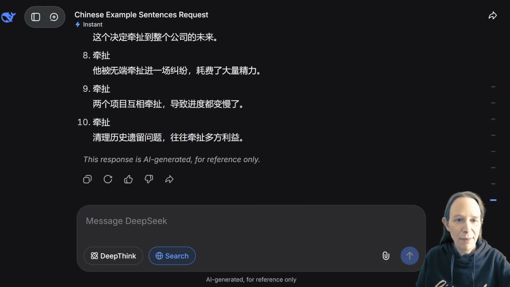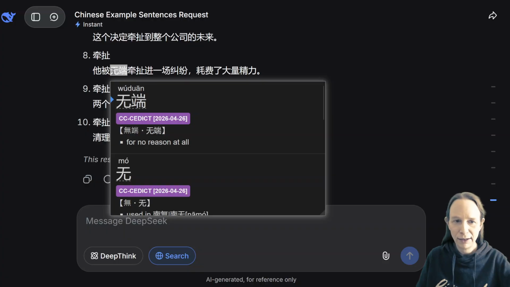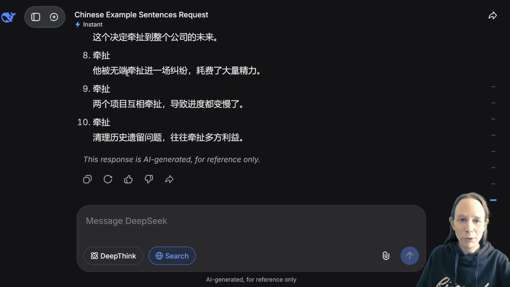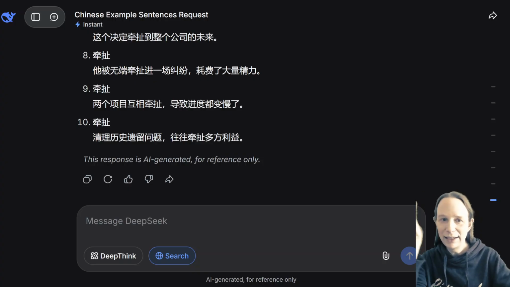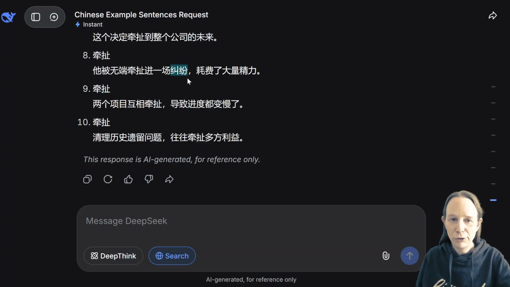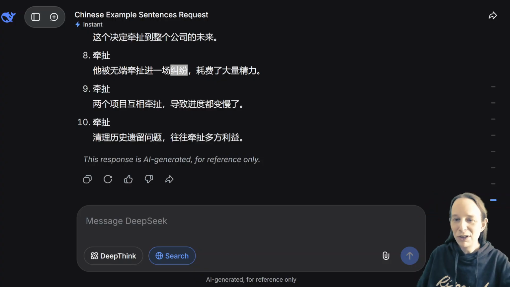Okay. 他被无端, I don't know what 无端 is. Oh, no reason. 他被无端牵扯进一场纠纷，耗费了大量精力. Okay, so he, for no reason, was dragged into 纠纷, which is yet another word for dispute.